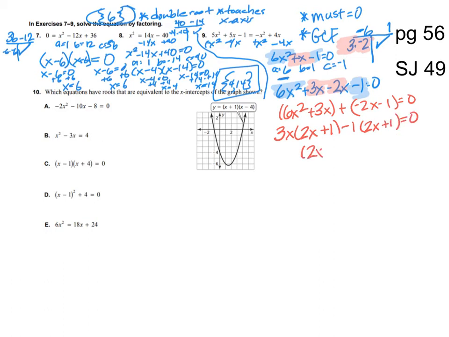I'm going to take out the greatest common factor. Remember, I have these the same, so that means I factored successfully. 2x plus 1 times the quantity 3x minus 1. Then I'm going to do the zero product property.